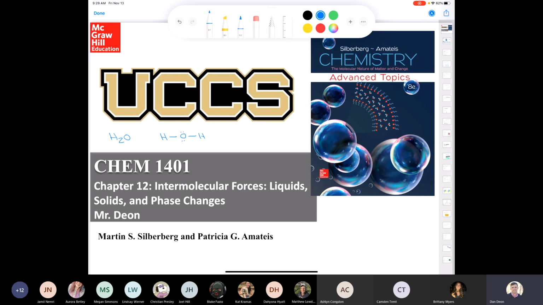Okay, well, I'm not talking about molecular geometry, but I do want to talk about this Lewis structure just for a second. You notice that these lines here represent bonds, don't they? They represent a bond between oxygen and the two hydrogens. Well, those are the forces that hold the water molecule together. One water molecule is held together by bonds.